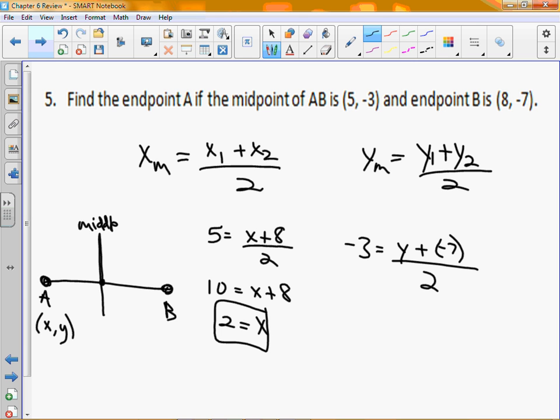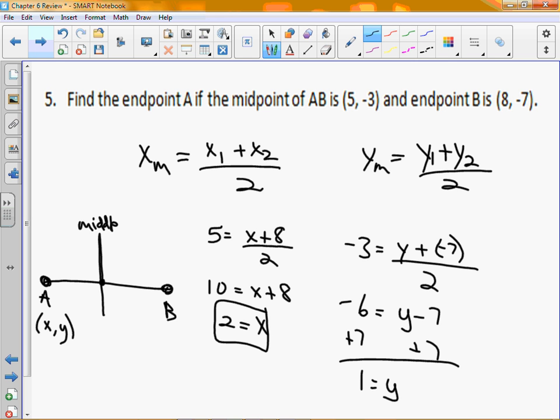Now, watch where I get the negative 6 from. When I cross multiply here, that gives me negative 6 equals y minus 7. When I have minus 7, I add 7 to get it to the other side. So there's my 1. Again, you guys that got 13 as your answer, I understand what you did. You made a mistake. I'm not expecting you to be perfect, though.